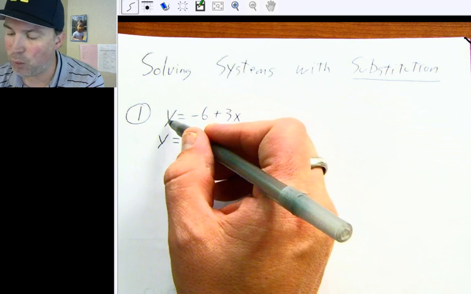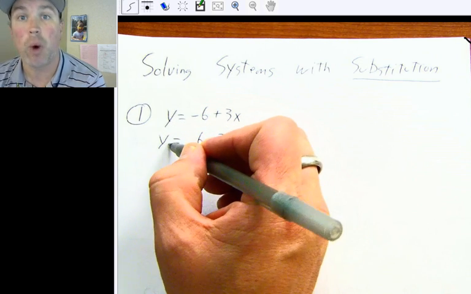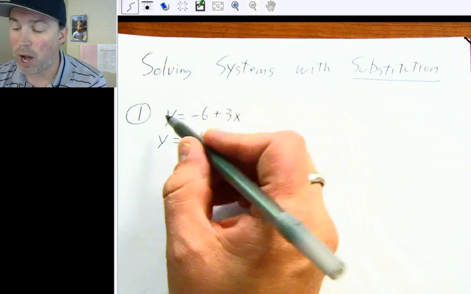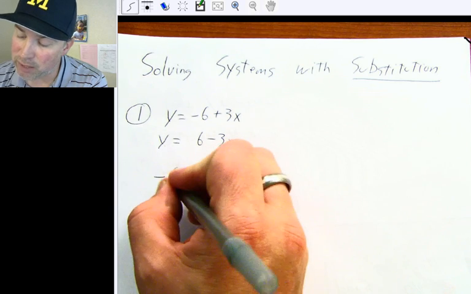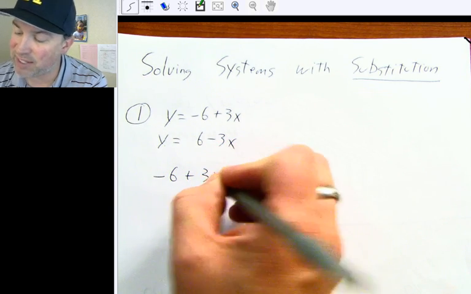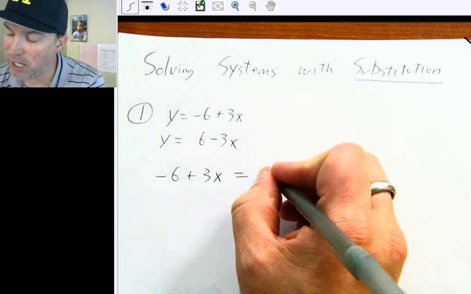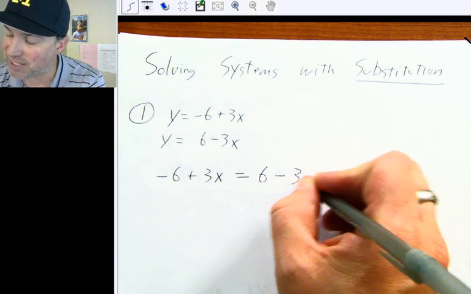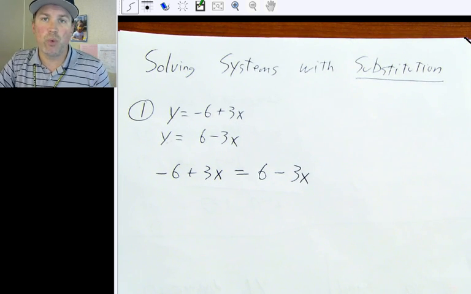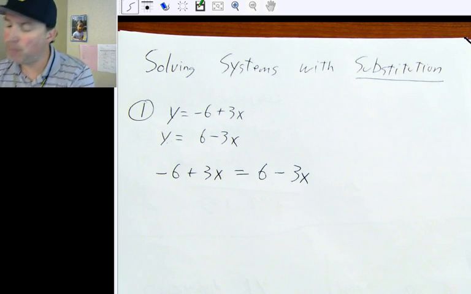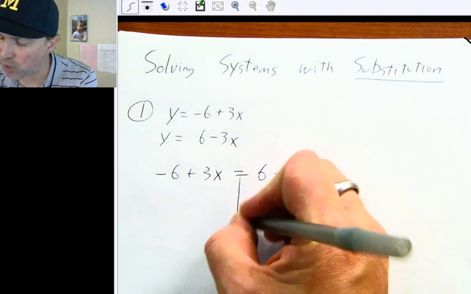Well, if y is equal to y, that would mean that negative 6 plus 3x must be equal to 6 minus 3x. And now we just have a single equation with only one variable. We just solve it using our algebra skills.